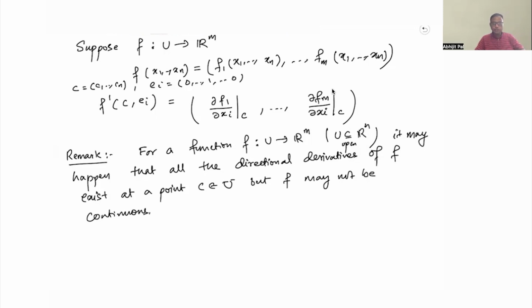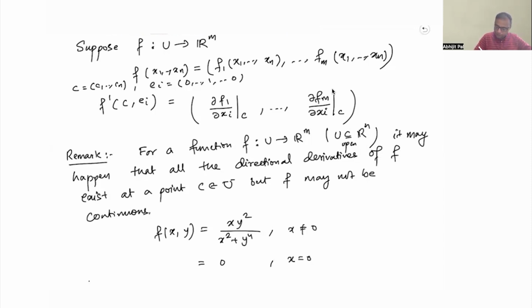For example, if I take this function f(x,y) = x y^2 / (x^2 + y^4) when x is not equal to 0, and it is equal to 0 if x is equal to 0.